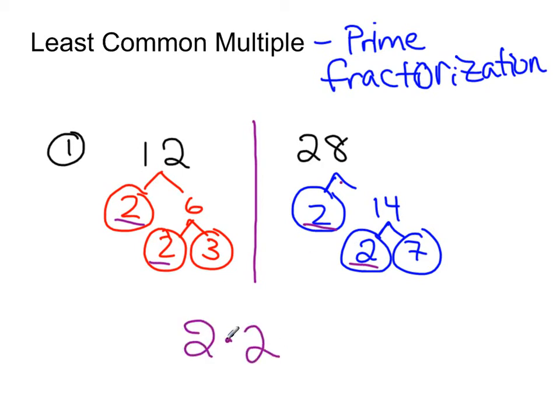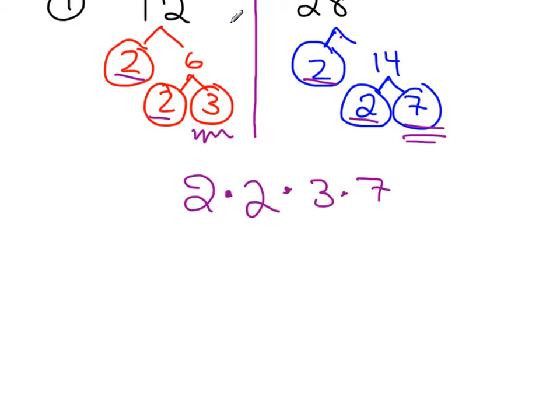And it's a factorization, which means multiplication. Now, there's one 3 here, and no 3's here, so the biggest group, I'm going to take one of them. There's no 7's here, and there's one 7 here, so the biggest group is to take one of them. Now I will multiply these numbers together to find the least common multiple. 2 times 2 is 4.